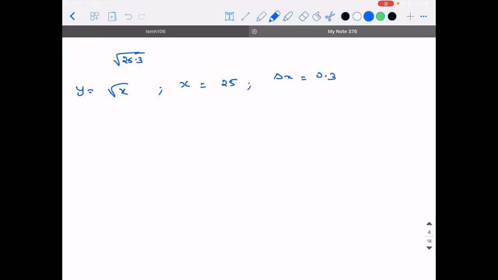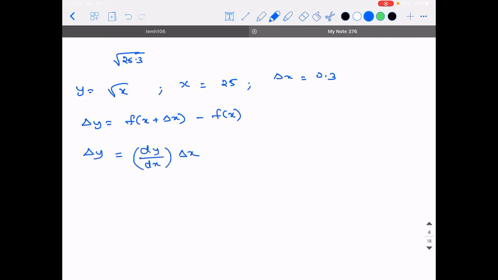Good. Now, delta y is equal to f of x plus delta x minus f of x. Okay. I'll make it even more simple. You need not follow the textbook procedure. Observe this. So delta y is equal to f of x plus delta x minus f of x. Similarly, delta y is equal to dy by dx into delta x.